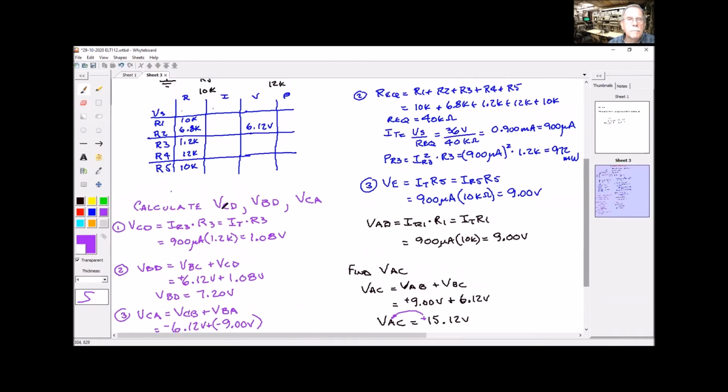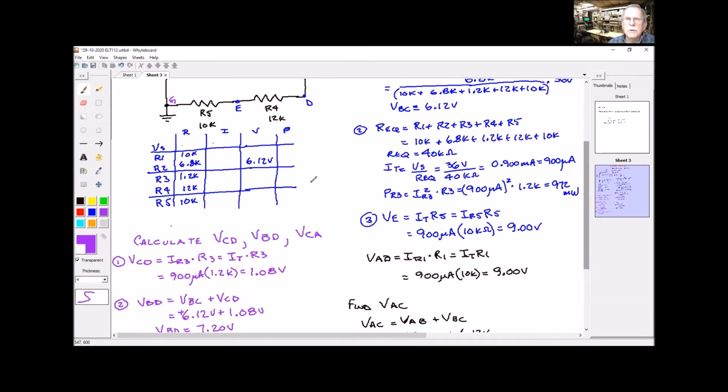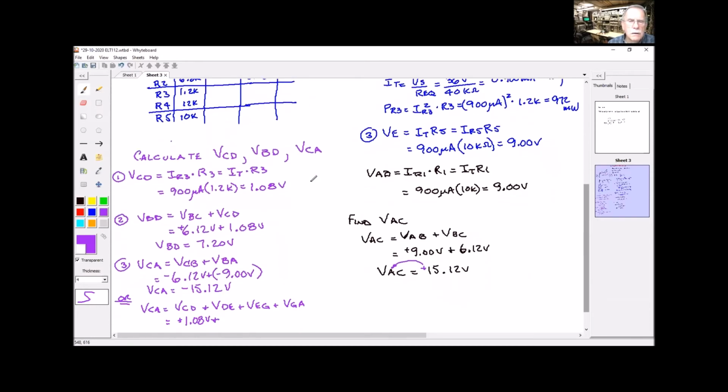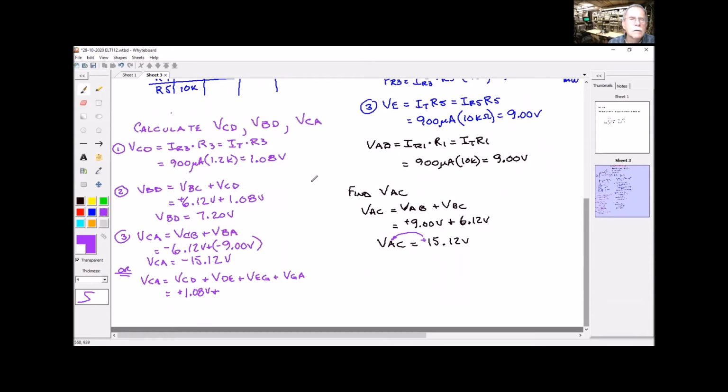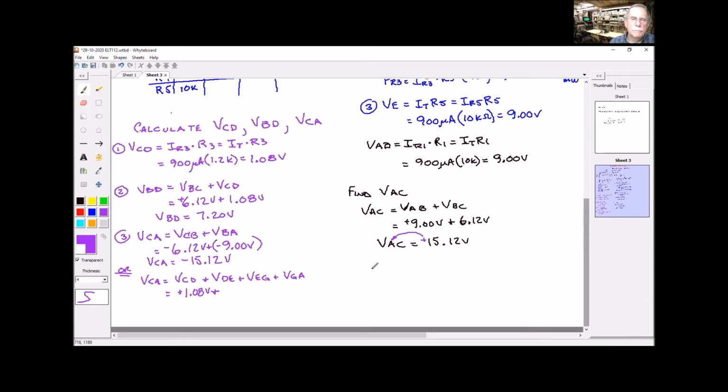VDE, D to E, did we solve for that somewhere along the line? Guess we didn't. Let's solve that quick. VDE is IT times R4.